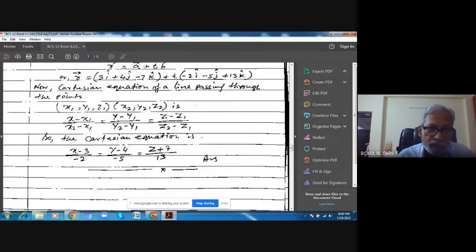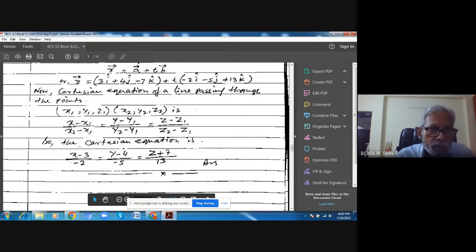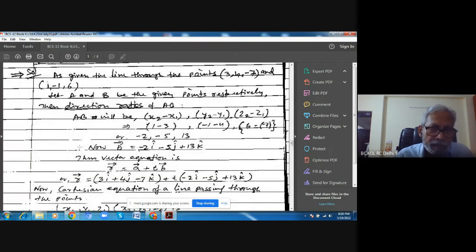You have to prepare in such a way that nothing is missed. Nothing is new, again the 2 points. So first you prepare these things: x2 minus x1, y2 minus y1, z2 minus z1. Let's see what values are coming, and make it in vector form.